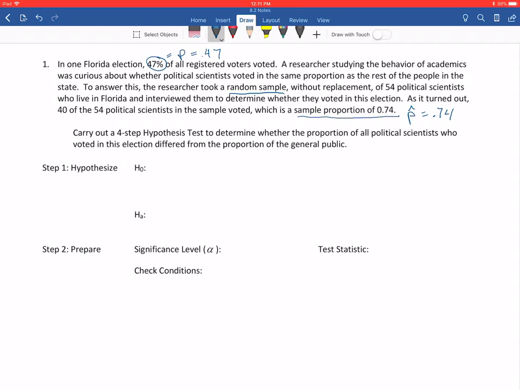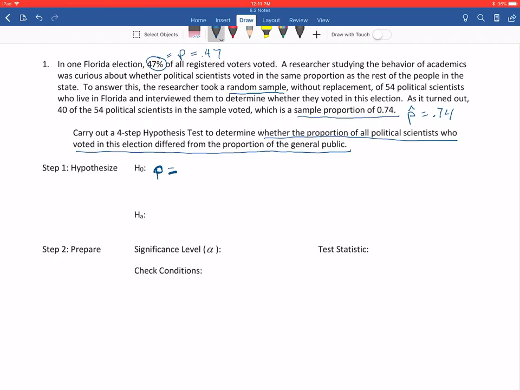Okay, we want to carry out a 4-step hypothesis test to determine whether the proportion of all political scientists who voted in this election differed from the proportion of the general public. So the first thing we have to do is write our hypotheses, our null and our alternative.